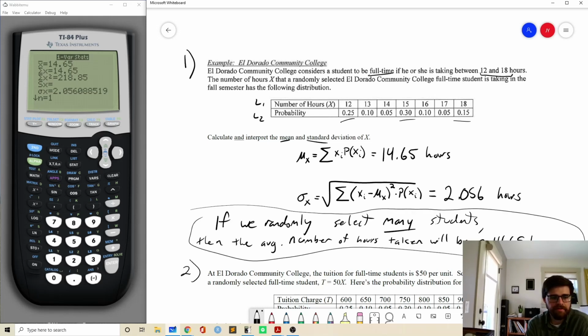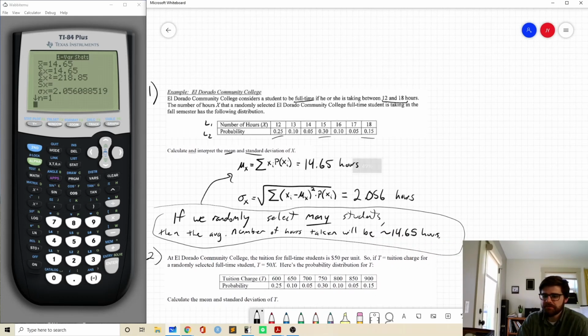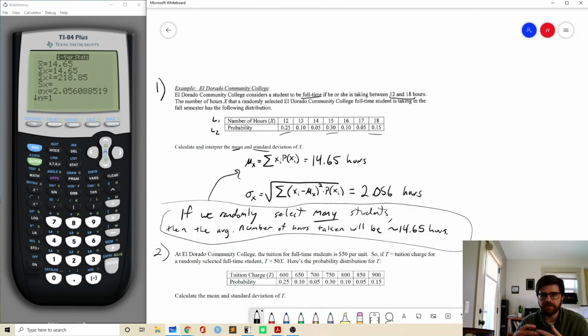Okay, how do we interpret the standard deviation? So standard deviation, again, describes the variance of our data. Nerds.